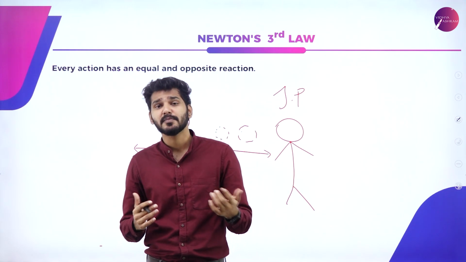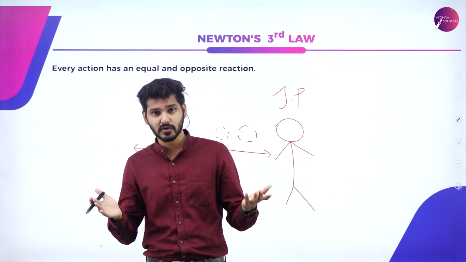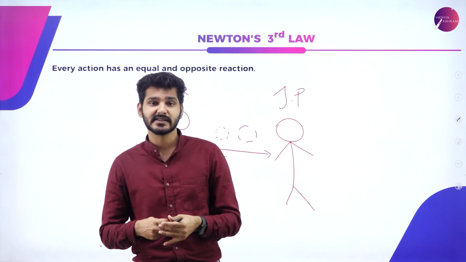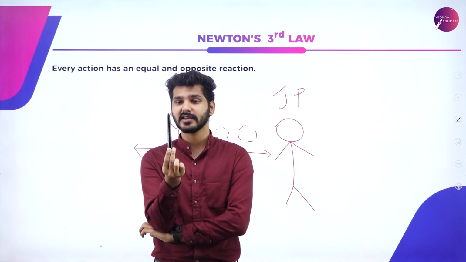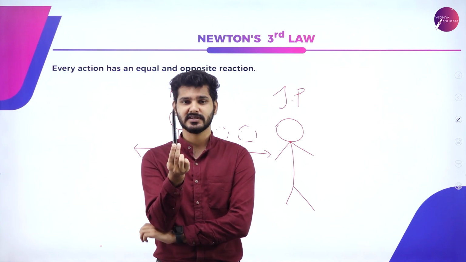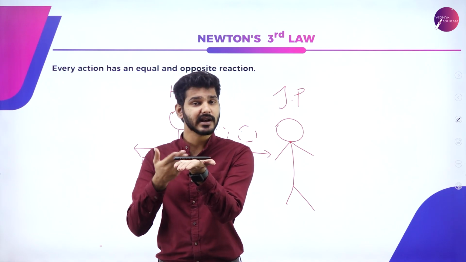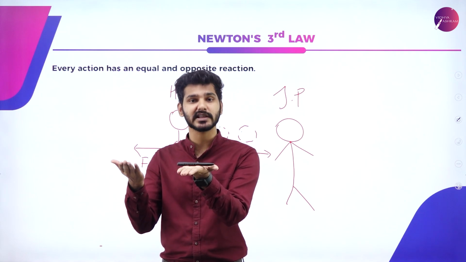This confusion becomes clearer when I ask you, please tell me, is this particular object at rest or in motion? You can say, when this is in my hand like this, it is obviously at rest.